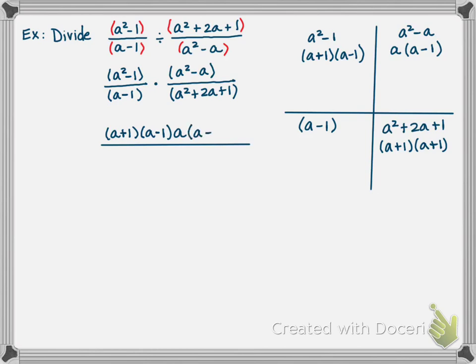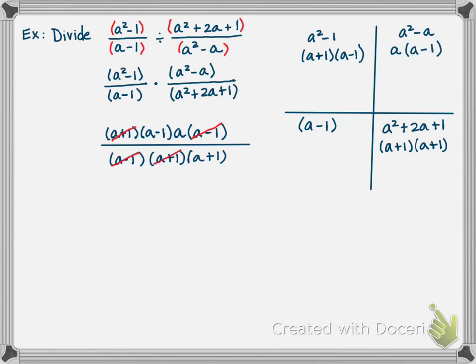Although if you put it in parentheses, it's not going to hurt anybody. And then in the denominator, I have a minus 1 times a plus 1 times a plus 1. So let's see what's the same. We've got a minus 1 divided by a minus 1. We've got a plus 1 divided by a plus 1.